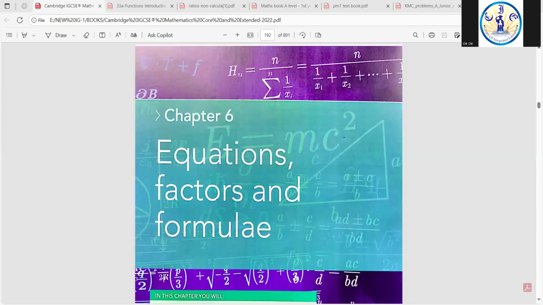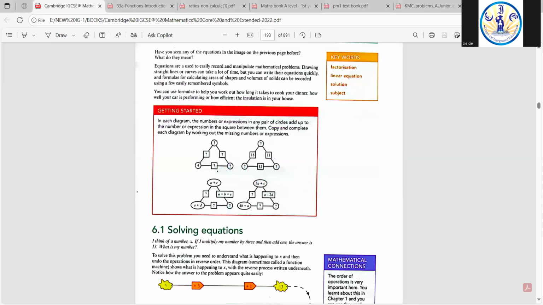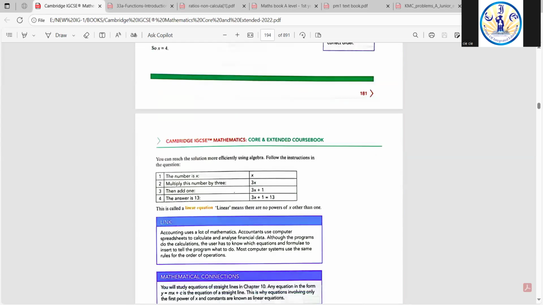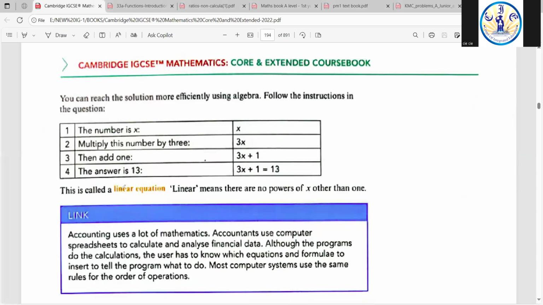This is chapter number 6, equations, vectors, and formulae. When we talk about equations, it is an algebraic expression, or rather an algebraic sentence, which involves the equality sign. And when we talk about linear, the word linear means that the power of the variable is 1.